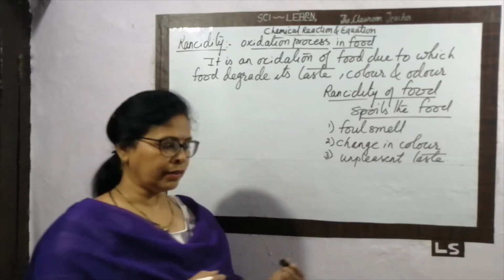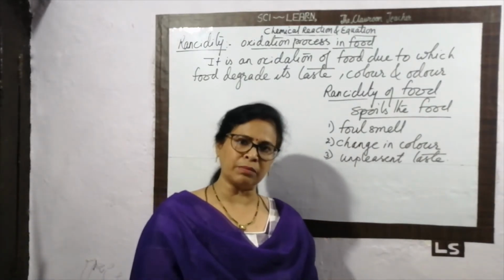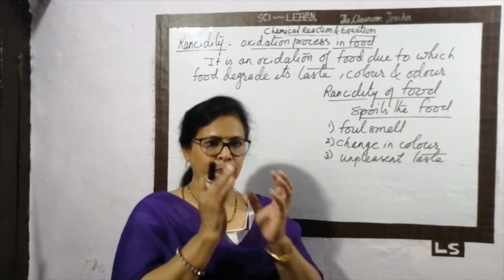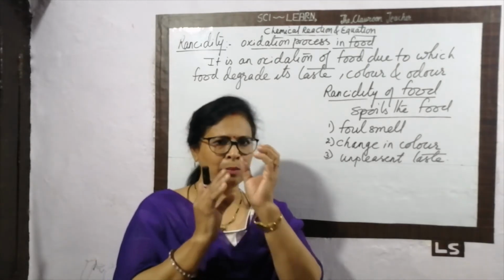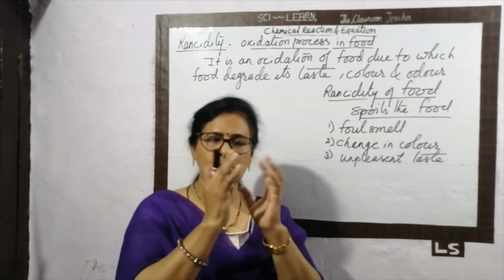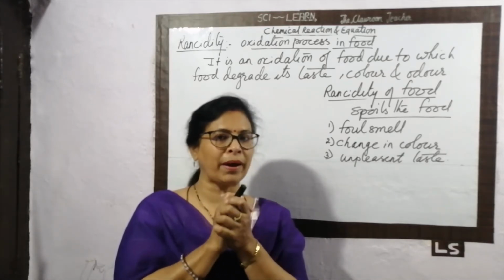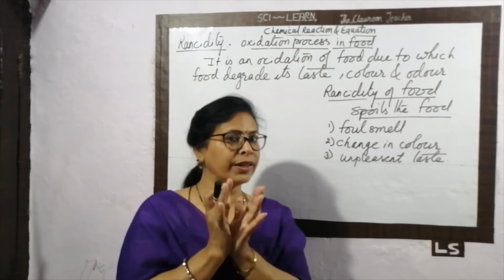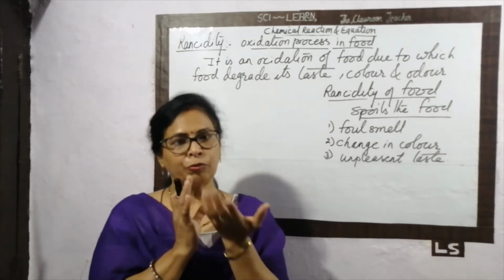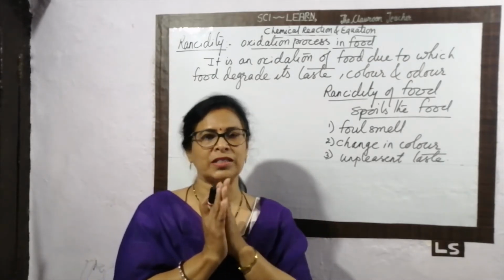All this occurs in packed food also. You are going to purchase some packed food, some type of chips or kurkure. In the packet there is a very small amount of chips, and the whole packet is full of air. Why is the air put in the packet?